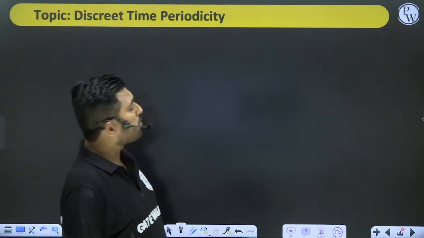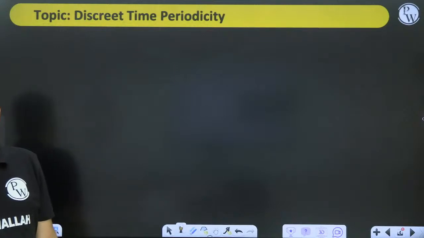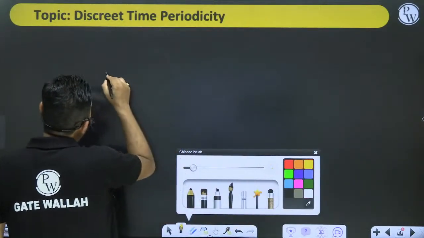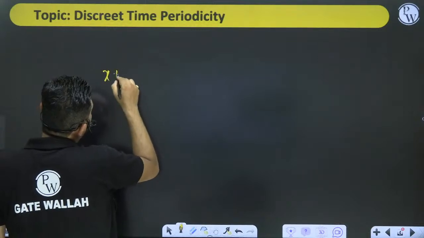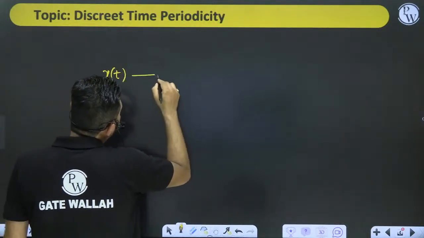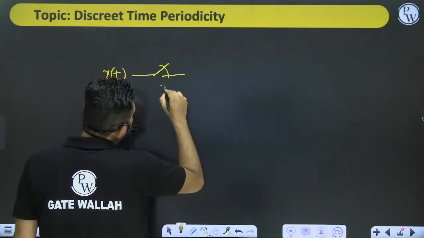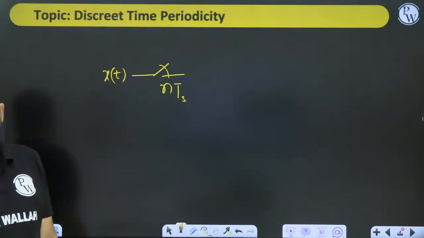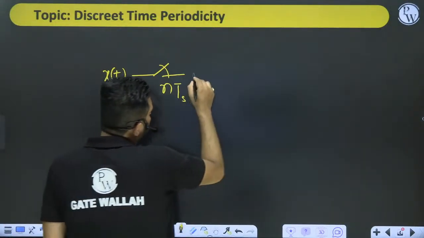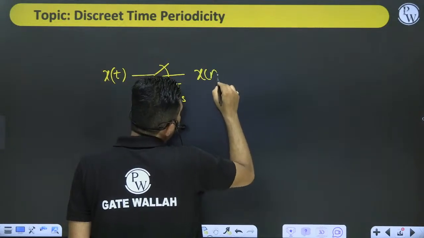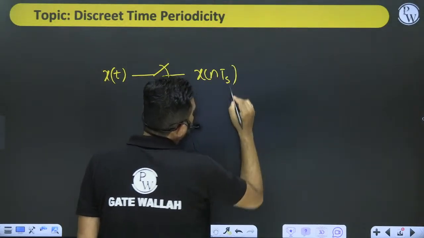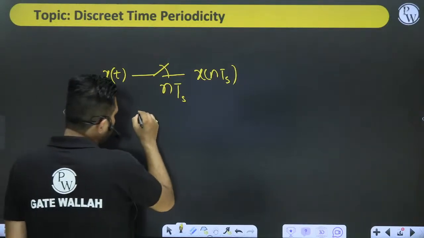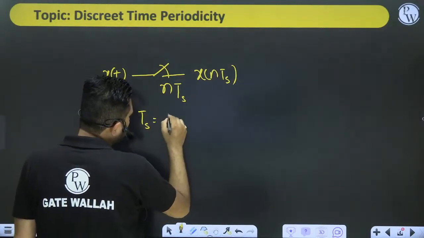First let's talk about discrete time periodicity. Consider a function, let's say I have x of t, and let's sample this function over nTs seconds to get x of nTs. In the very first class I told you the meaning of Ts. Here Ts is the sampling interval.